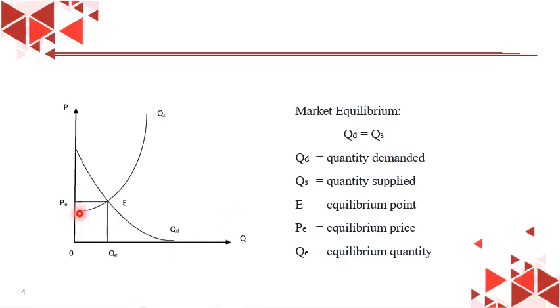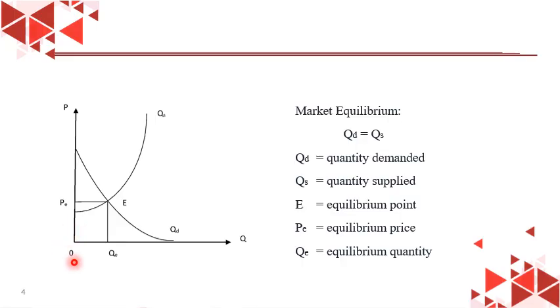Yeah, and then we need to draw the Q demand. The function of demand, and then this is also the function of supply. Yeah, this is supply and this is demand, and the intersection between those functions is the equilibrium point, where it has QE as the equilibrium quantity and PE as the equilibrium price.